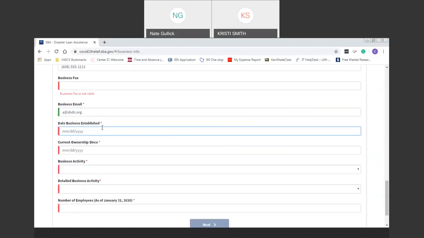In many cases, you are the founder of the business, and thus the date the business was established and when your current ownership started is the same. In some cases, though, if you purchased the business from someone else or inherited the business, or perhaps there was a divorce and management changed from the original ownership, that's when these two dates would be different.